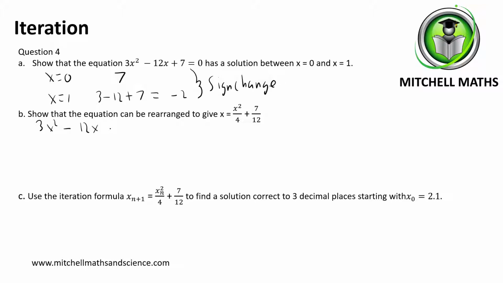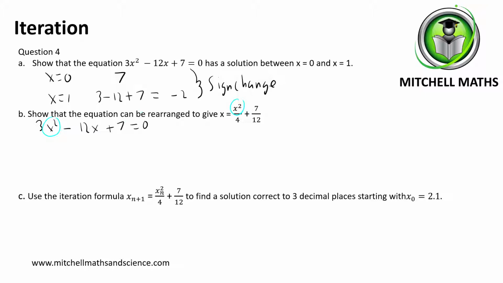So you've got 3x squared minus 12x plus 7 equals 0. It's not really like you're changing the subject, you're not making x a subject as such, because you're going to have x squared on one side and x on the other. So what we can see is we've got x squared on this side, so that x squared we're not trying to rearrange to get that x there.